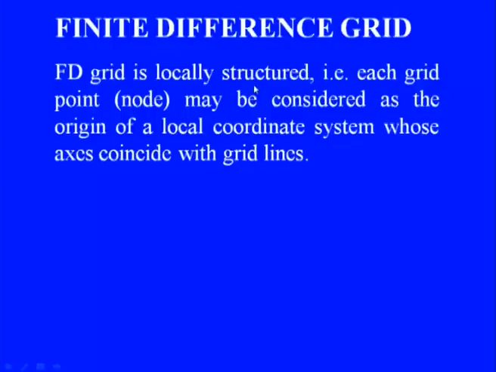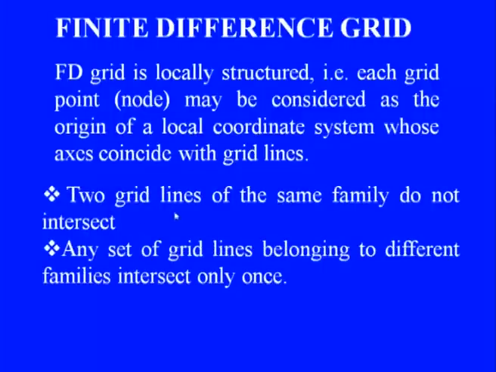Now we have mentioned grid. Now let us have a look at a few more things: notation, the grid which we see. What are the properties of the grid? The finite difference grid is locally structured. What do we mean by this term structured? It simply means that each grid point, which you would also call a node, may be considered as the origin of a local coordinate system whose axes coincide with our grid lines.